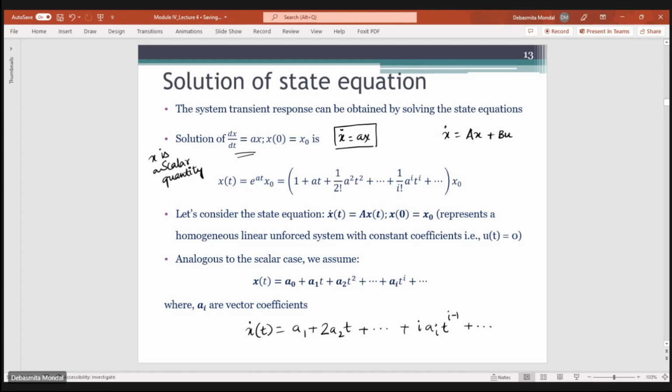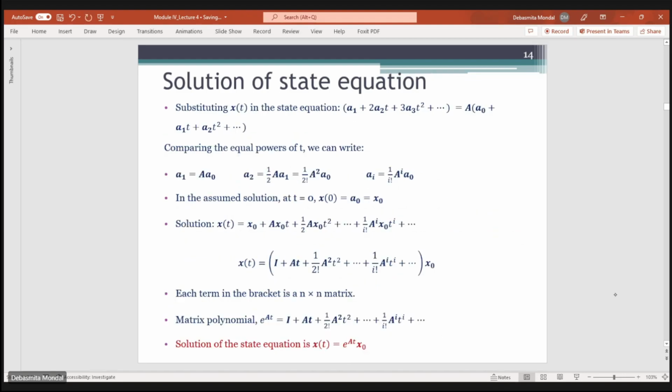On the right hand side we will have A into a0 plus a1 t plus ai t to the power i and so on. If you substitute this value of x(t) in the state equation, you will end up with this equation. Now if you compare the equal powers of t on both the sides, you can write that the value of a1 will be equal to A into a0.